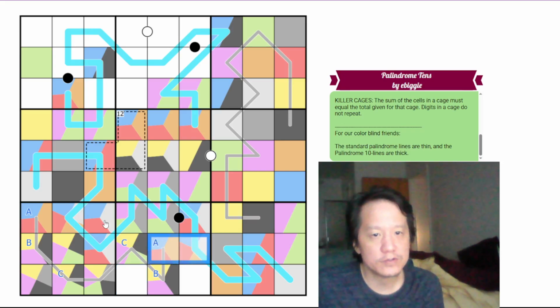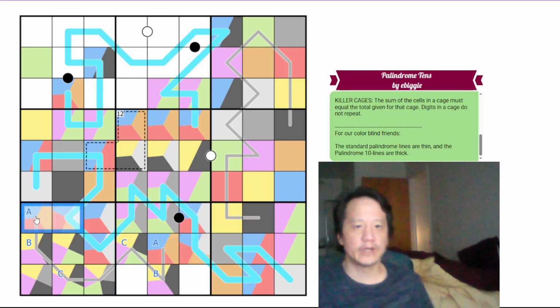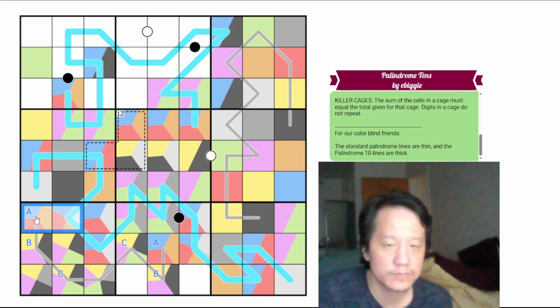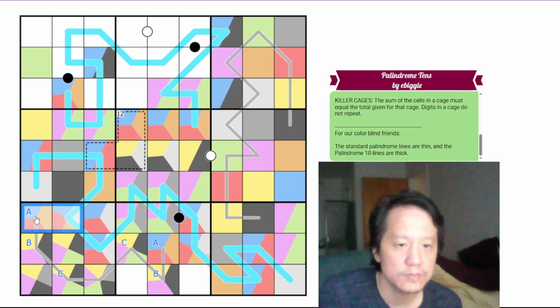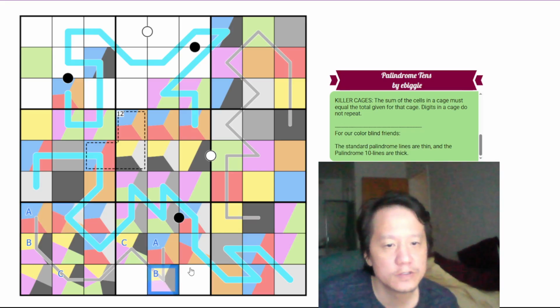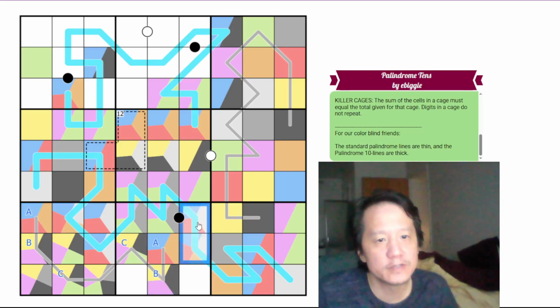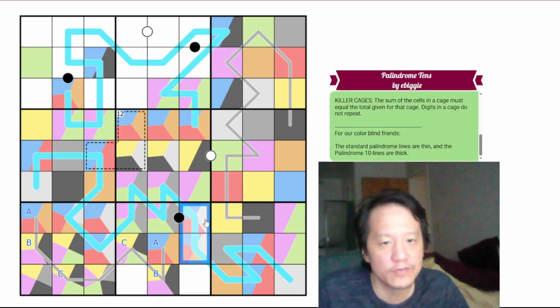So one of these is orange, one of these is orange. That matches. Let's see. Light has to be one of the... Okay, so since light is one of these two... Well, actually, we don't know light is one of those two.